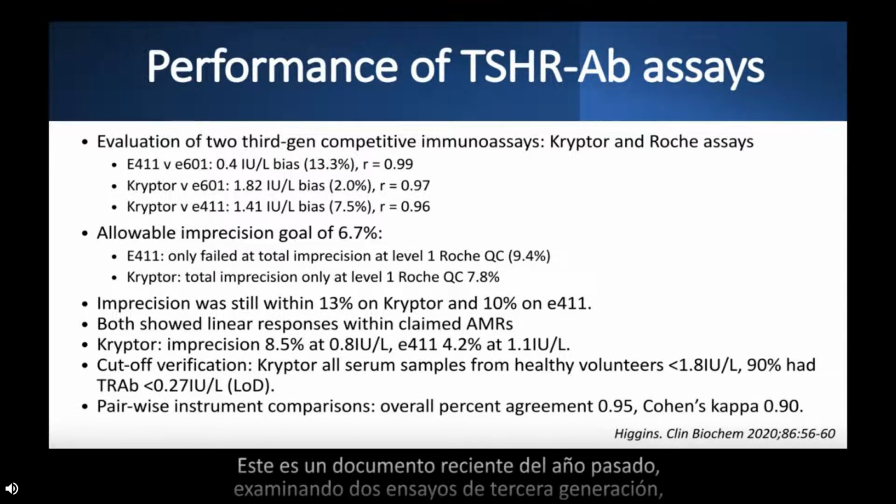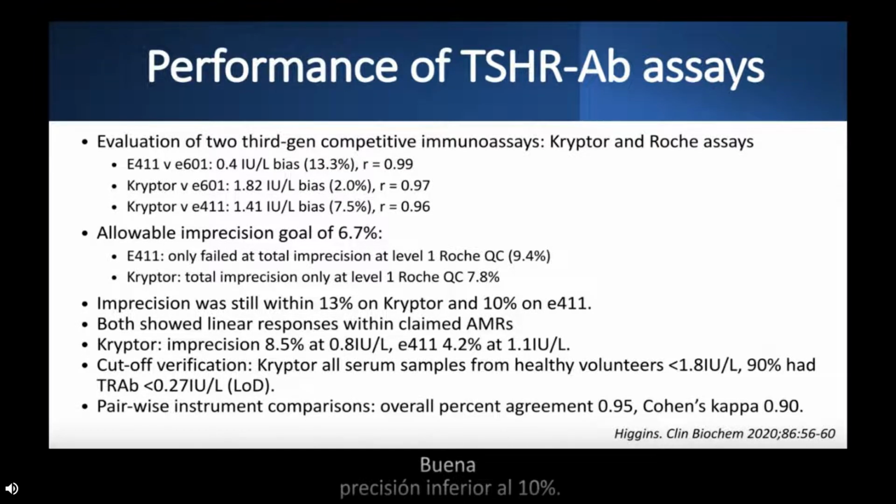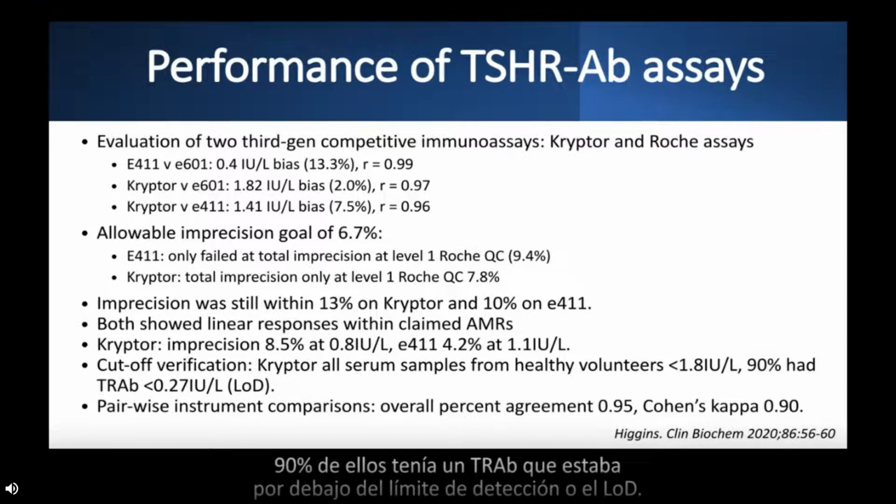This is a recent paper from last year, looking at two third generation assays, the Crypto and the Roche assays, very good correlation, good precision, less than 10%, and with cutoffs, even in healthy volunteers, 90% of them had a TRAB that was below the limit of detection, or the LOD.